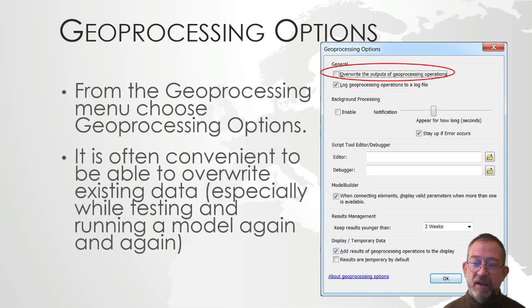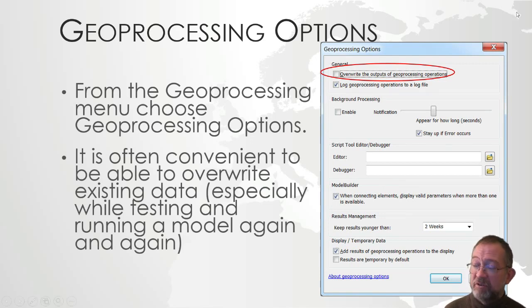We can just keep the same name and it will override it automatically. Remember that of course that means that the data can be lost, but in the geoprocessing situation I would say that it is typically the most convenient to have the override enabled so that we don't have to worry about renaming our files. So I typically go in and set that.